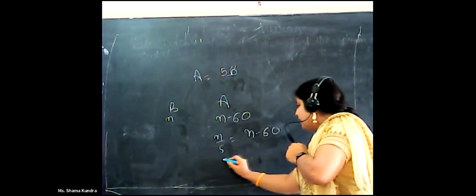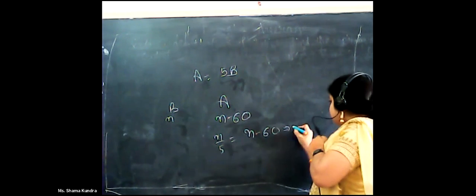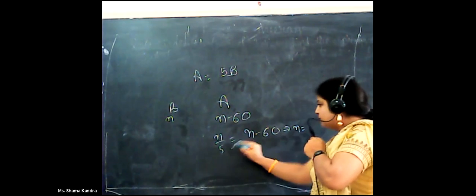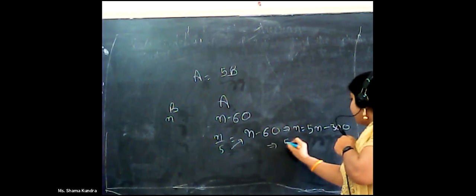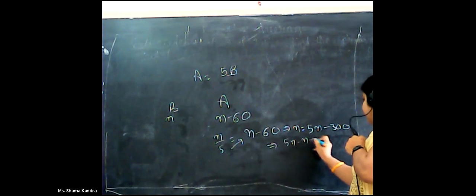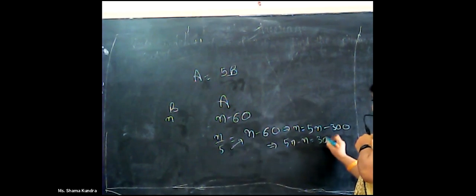On simplification, what will you get? n equals, cross multiply, you will get 5n minus 5 into 60, that is 300. This implies 5n minus n, and 300 on the other side becomes positive.